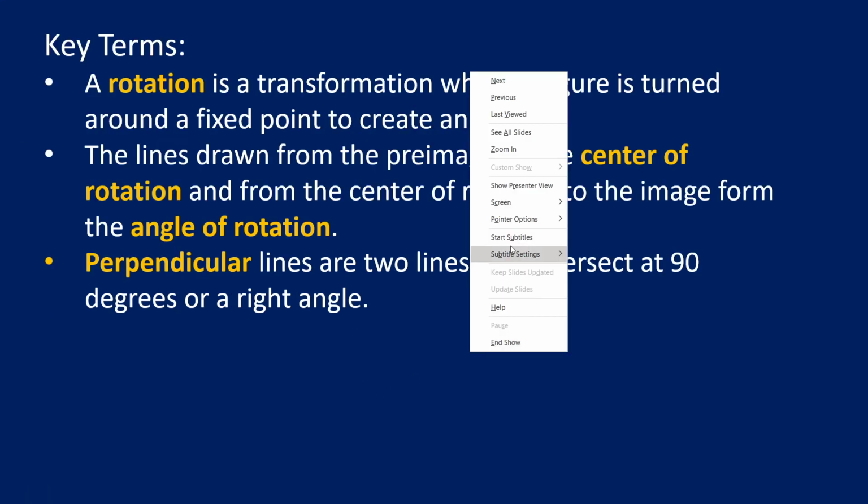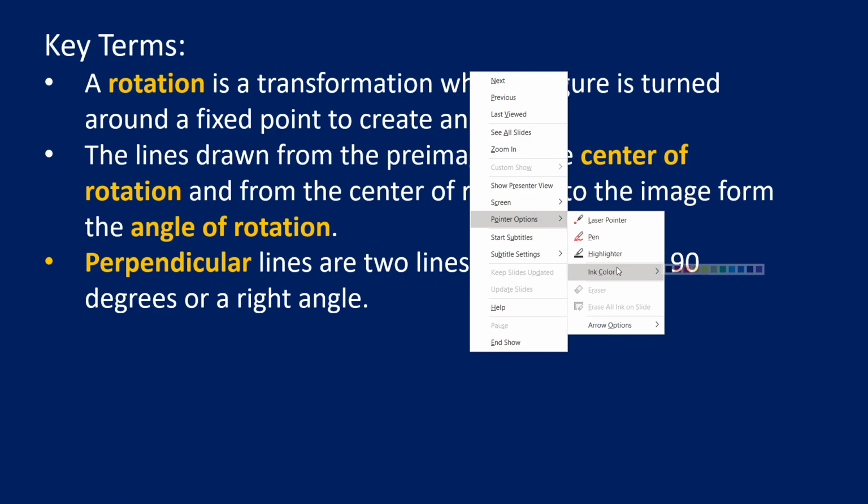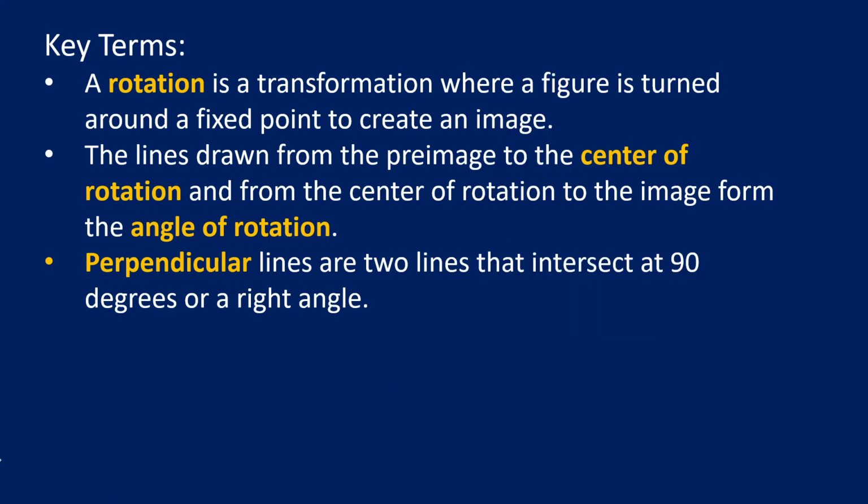Okay, just some vocabulary. A rotation is exactly what it sounds like: when we take a figure and we turn it around some point. So we take an object, like a square or something, and we have some anchor point, and we will say that we're going to rotate around a point, usually the origin, but it could be some other point. And so when we do that, let's say we're going to rotate 90 degrees.